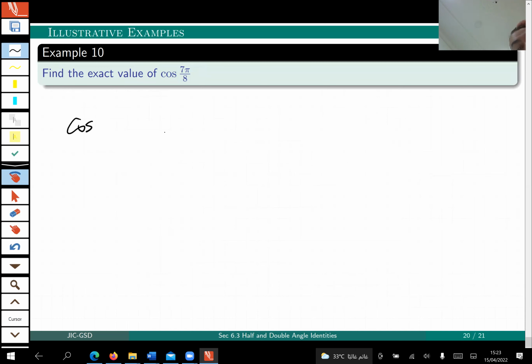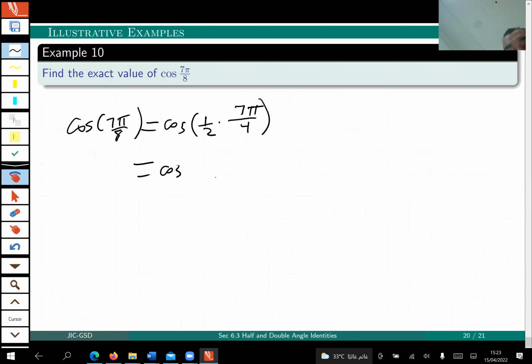Now, cosine of 7 pi over 8, you could say it is 7 pi over 4 divided by 2. Again, to decide plus or minus, 7 pi over 8 is in which quadrant? It's quadrant 2, because it's smaller than pi.